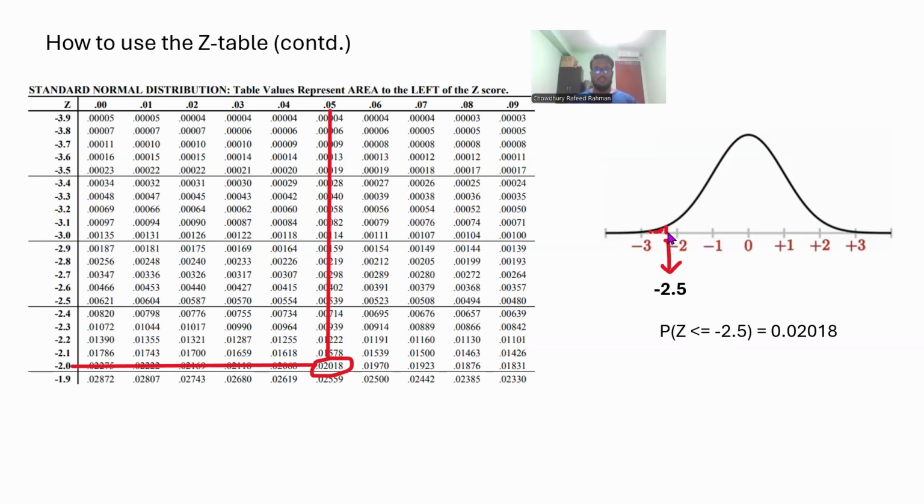So this value right here, 0.02018, is nothing but the left-sided part, right? This tiny area is going to be 0.02018. So the probability of z less than or equal to -2.05 is equal to 0.02018. So this is what the z table represents.